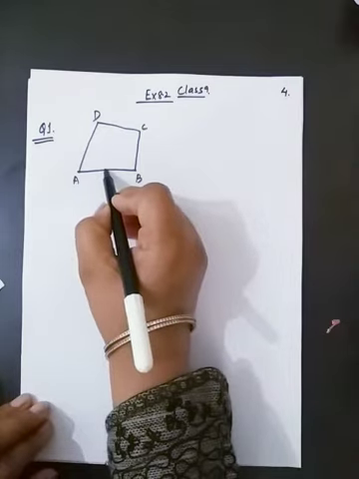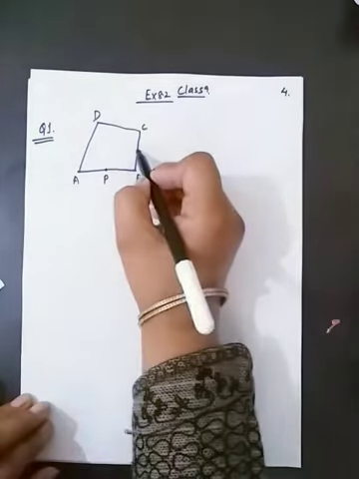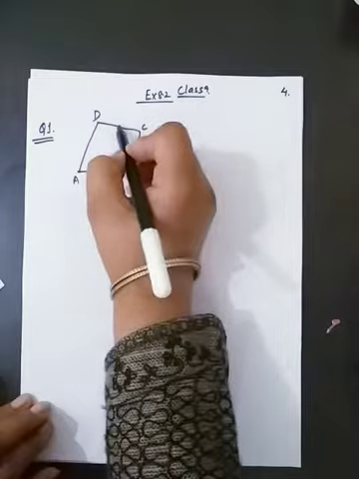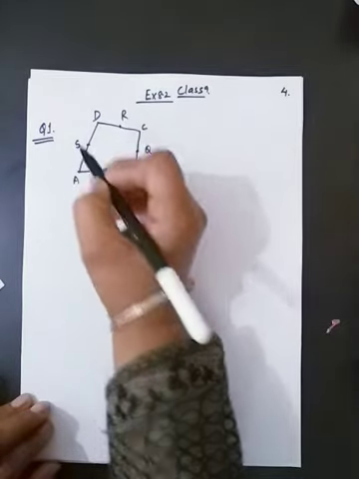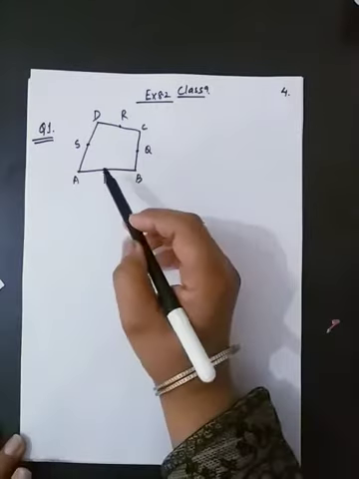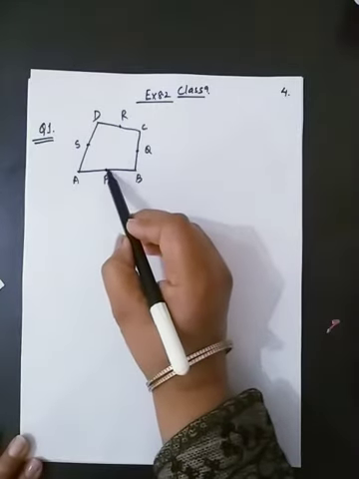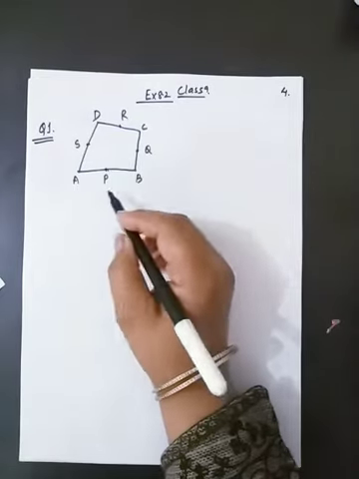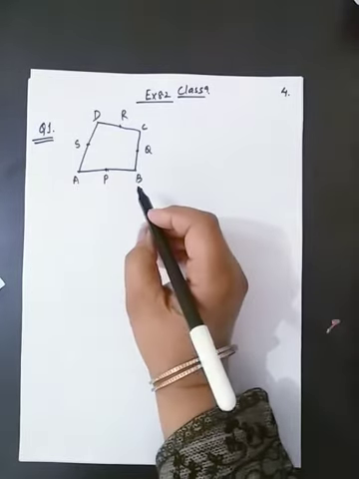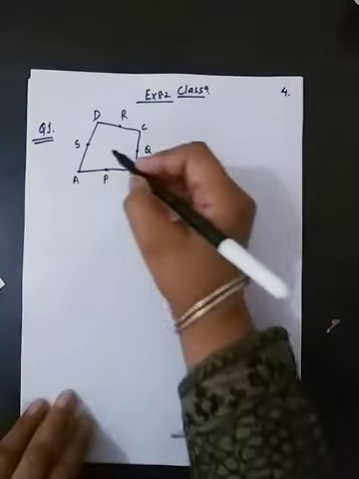Meaning side AB का midpoint जो है that is P and BC का है Q and CD का midpoint है R and AD का midpoint है S. You have to mark these points in the mid of the given sides because a midpoint divides the given side into two equal parts. And AC is a diagonal.